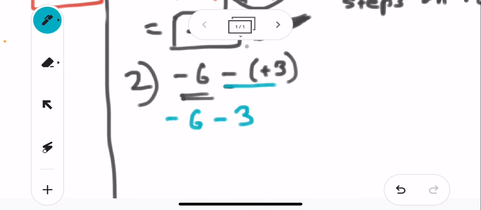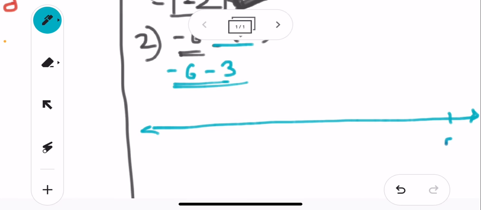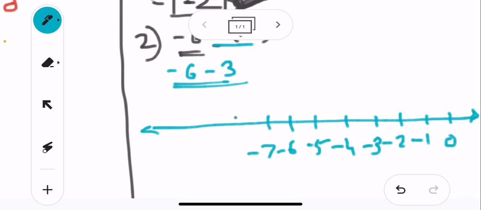Now on the number line there is no positive number, so I will not draw any positive, I'll draw only negative numbers. So this is 0, minus 1, minus 2, minus 3, minus 4, minus 5, and minus 10.